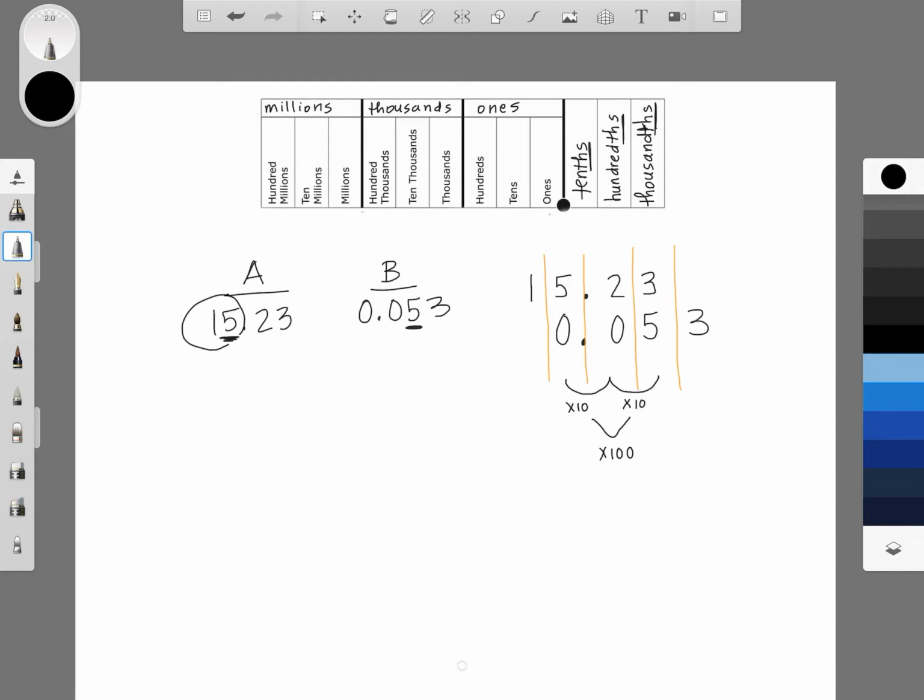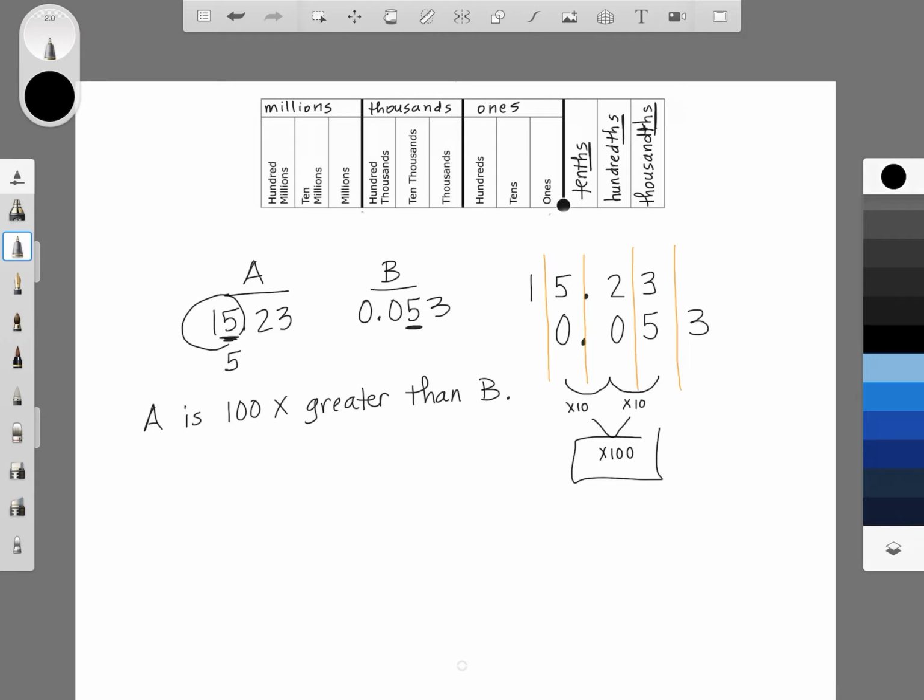This is the bigger number right here. So we're going to say A is 100 times greater than B when we're looking at just the number 5, their digit 5.